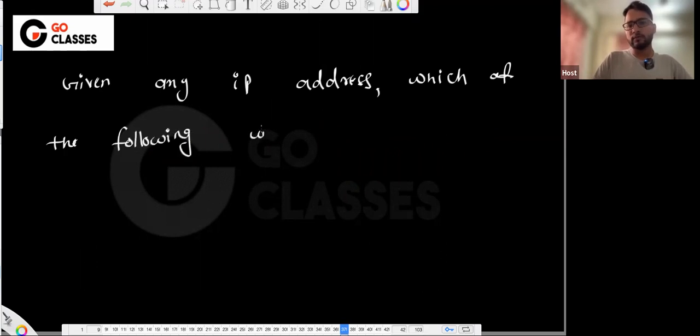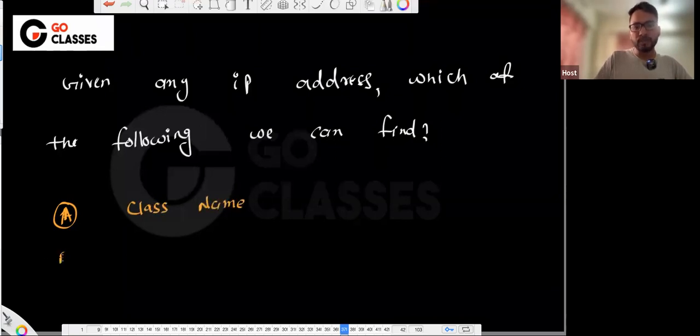Option A is saying you can find the class name. Option B is saying you can find maybe the network ID. Option C is saying you can find the host ID.